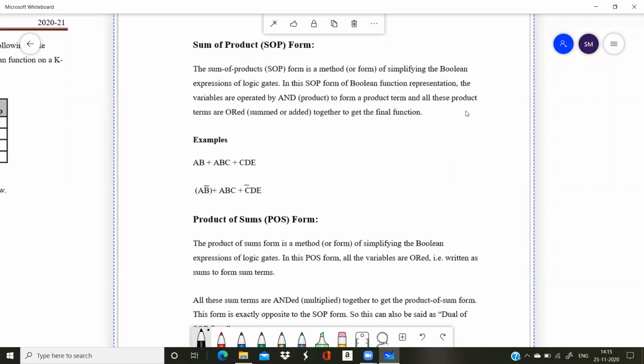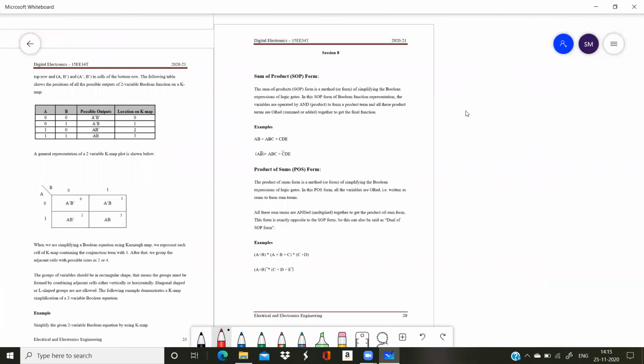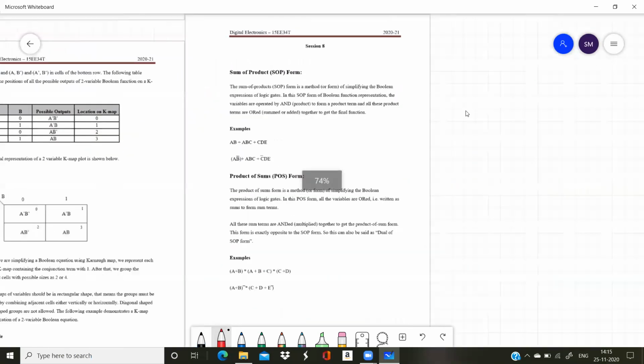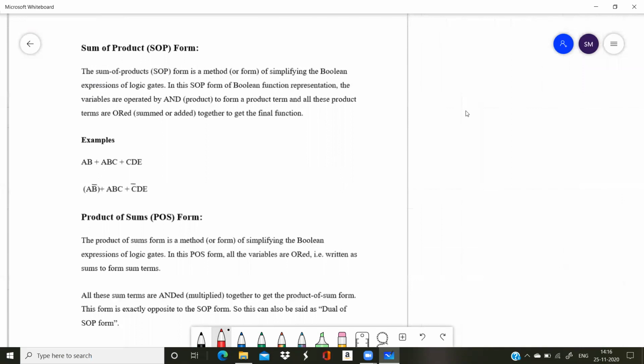Okay. Sum of product form, the name itself tells us that it is a sum of products.